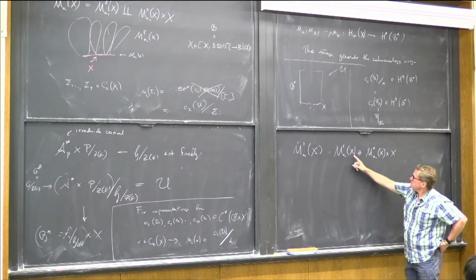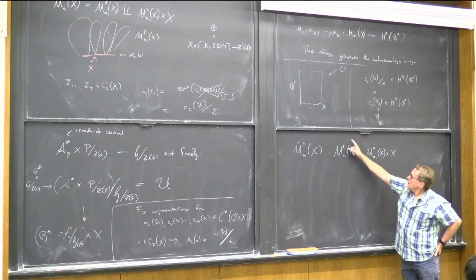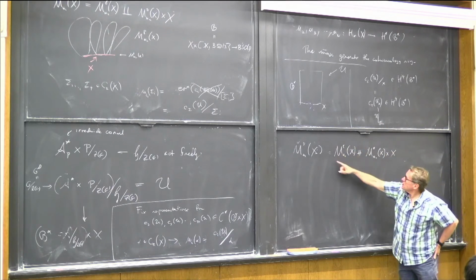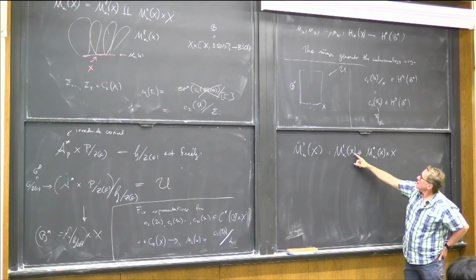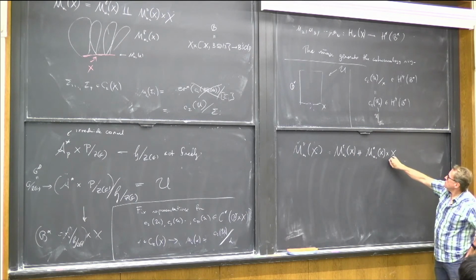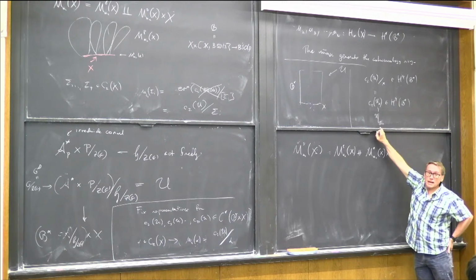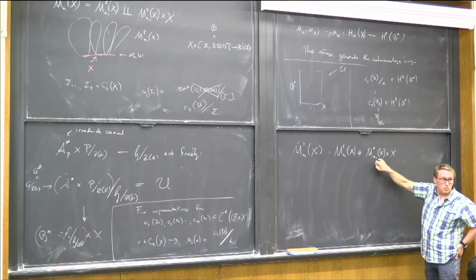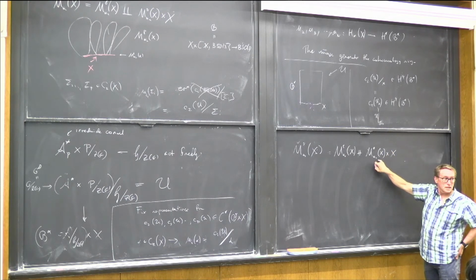Now I've got this 4-dimensional cohomology class sitting here, and as long as I don't bubble to the point X, that cohomology class extends, right?